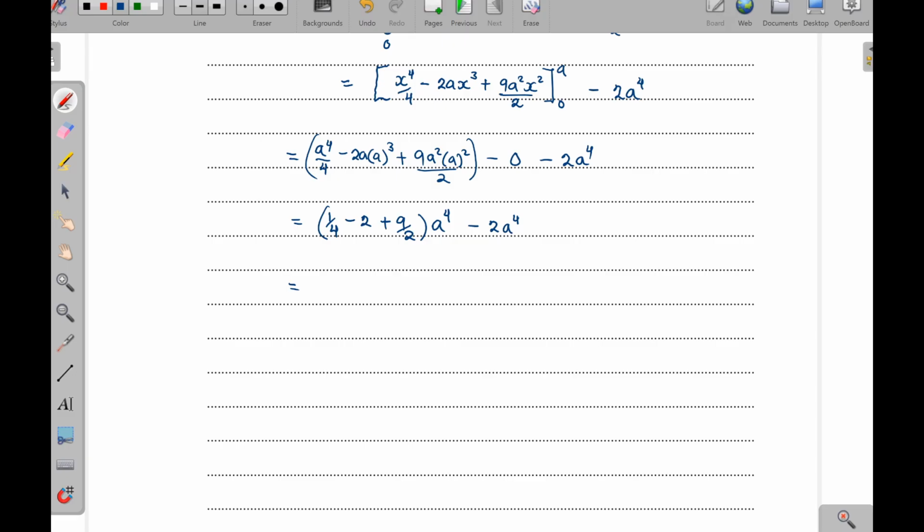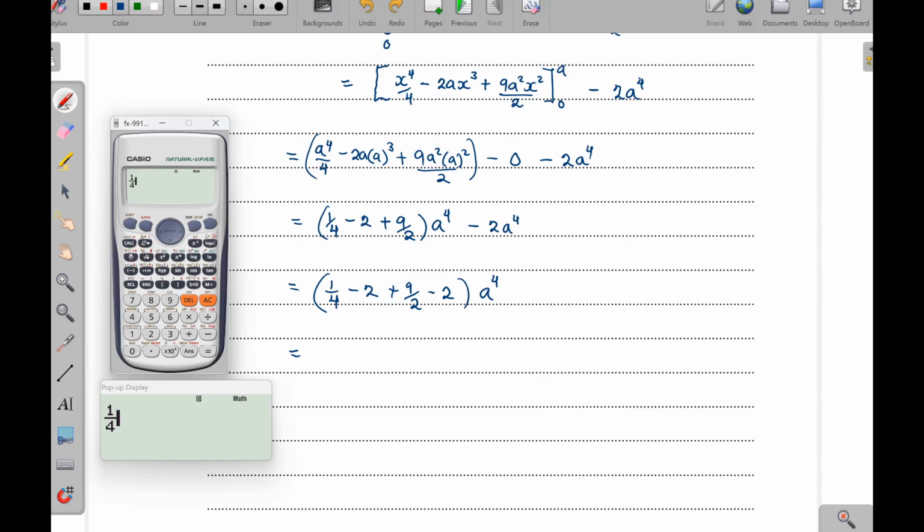Now, in fact, I can have 1 over 4 minus 2, then plus 9 over 2. Then there is minus 2 here, because all of them have a power 4. So if I factorize it out, what do we get altogether here? 1 out of 4 minus 2, then plus 9 out of 2, and then minus 2.